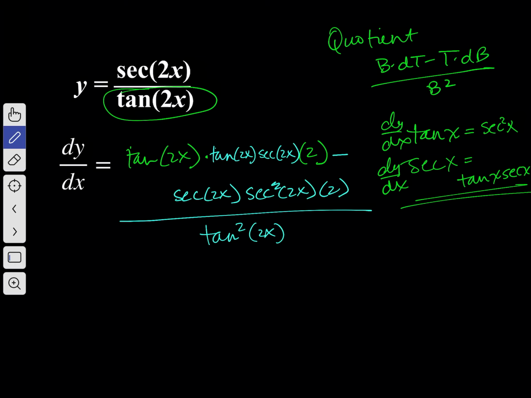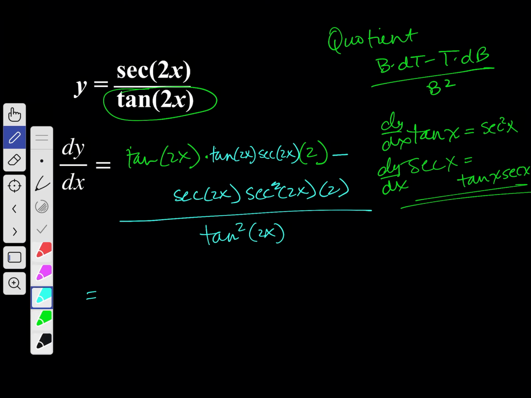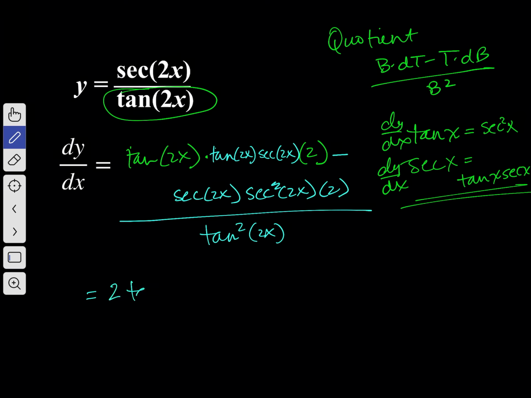All right, so I am going to rewrite this just to clean it up so it's on 1 row. So this is equal to, and I'll go ahead and move this 2 up front. We usually see our coefficients, those factors, in front. So let's see, I got 2 tangent, I got 2 of these guys. So that would be 2 tangent squared 2x secant 2x.